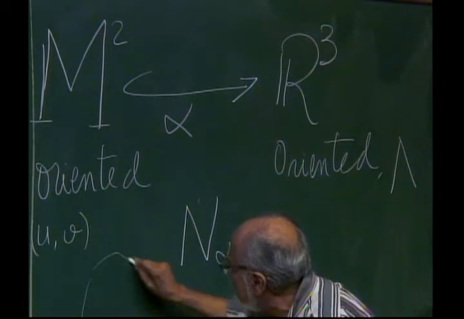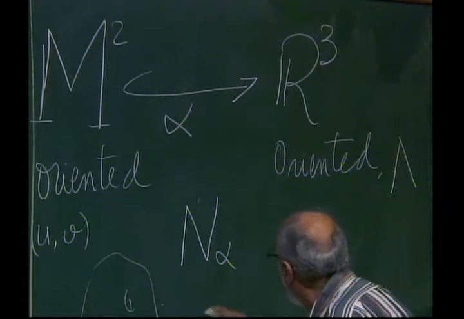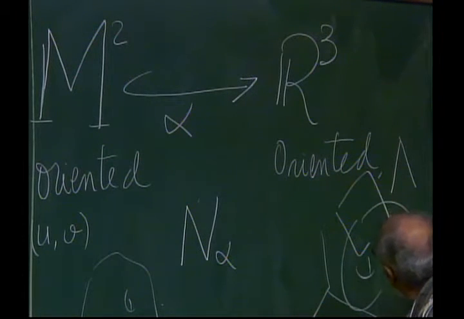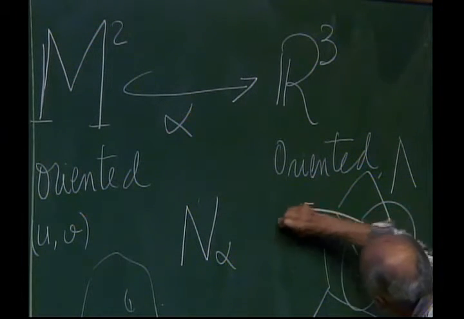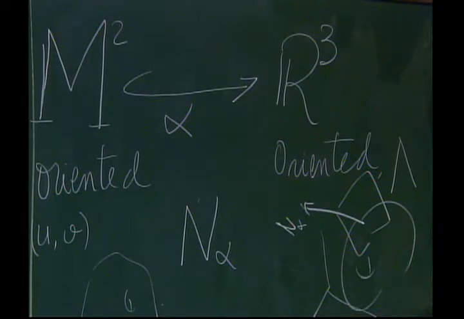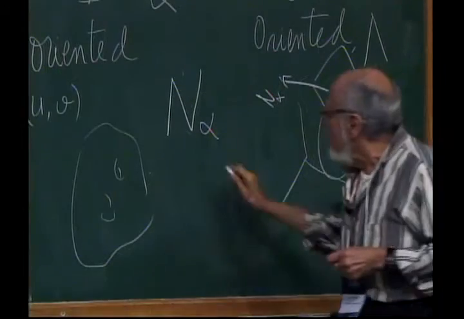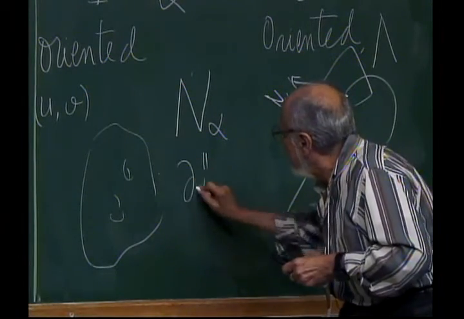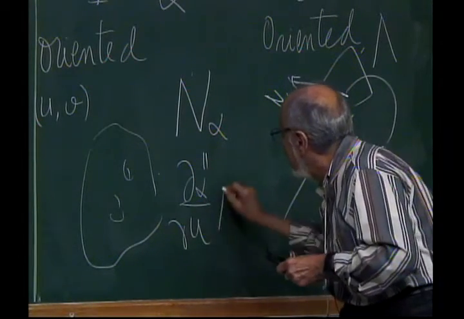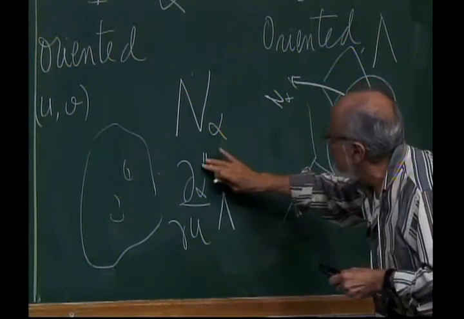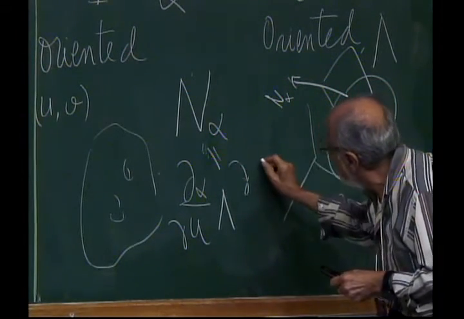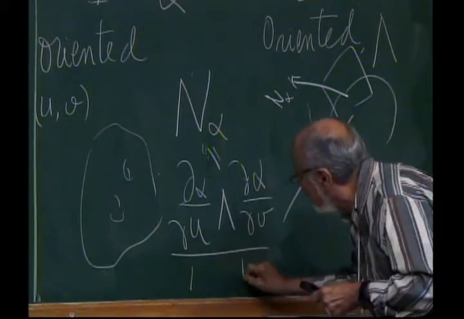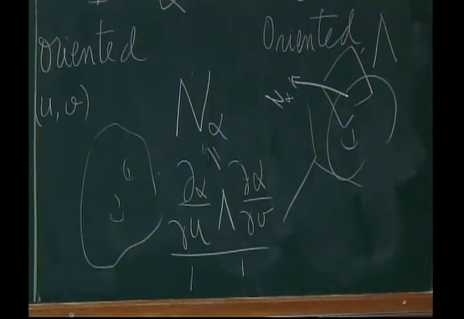You have the abstract surface here, mapped into R3, with tangent plane and a well-defined normal direction. Locally, this normal direction is defined by d alpha du wedge d alpha dv. So this is the normalized, the unit normal direction.